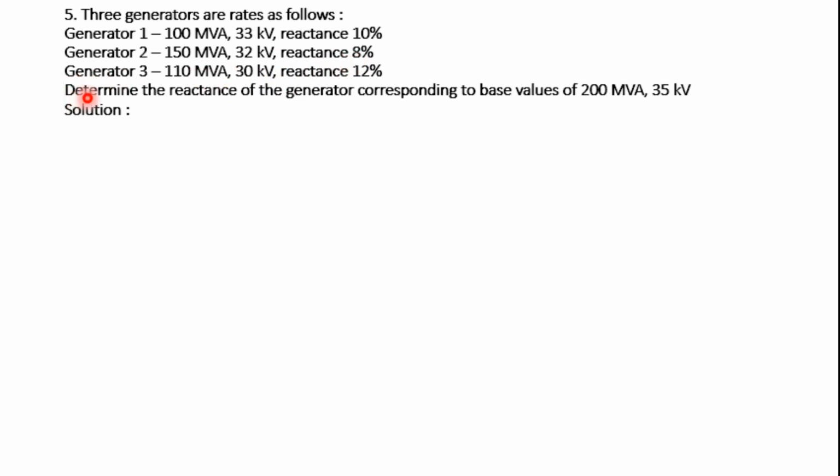What we need to do is determine the reactance of the generators on the new base values of 200 MVA, 35 kV. So these are the new values we are supposed to consider: 200 MVA on 35 kV base.